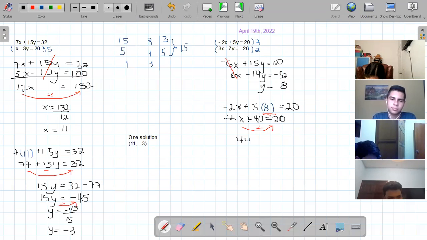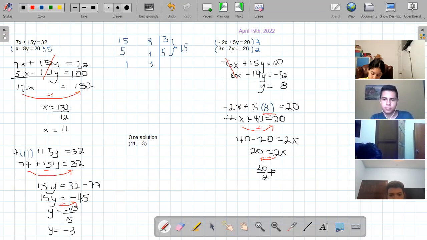So we got 40 minus 20 is equal to positive 2x. 20 is equal to 2x. 2 is multiplying, so how does it go to the other side? Dividing. So I get 20 over 2 is equal to x. How much is that? 10. So 10 is equal to x.